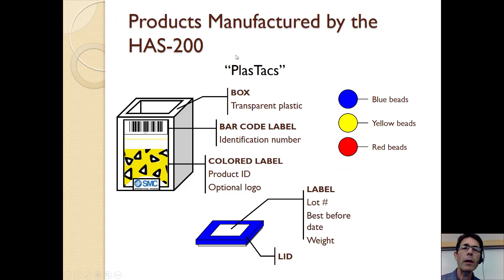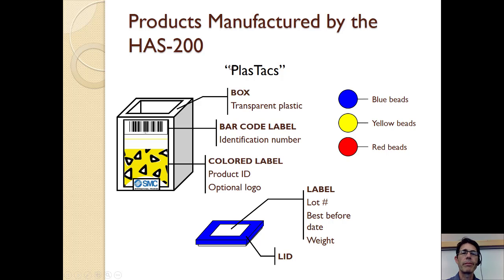Okay, so the products manufactured by the HAS 200 are basically these plastic boxes that are filled with either blue, yellow, or red pellets, or some combination of the three. These are the raw materials. We've got bins of these beads, and we have these empty boxes, and then there's a cap and a label that goes on the box at the end.